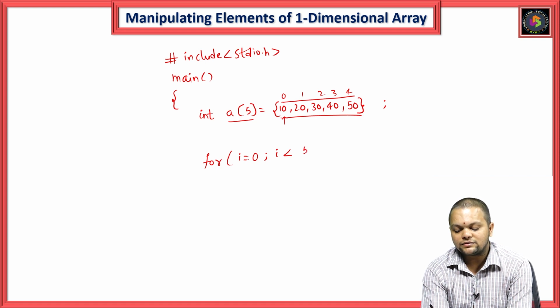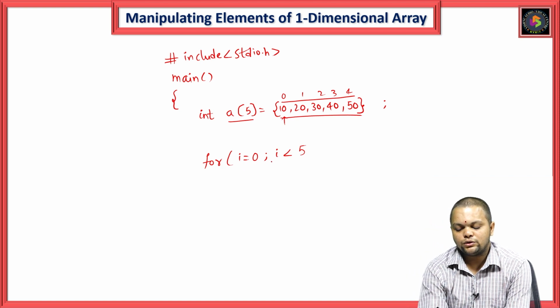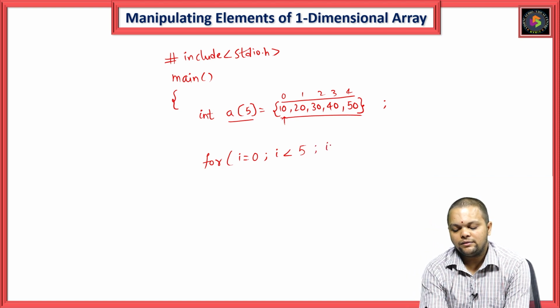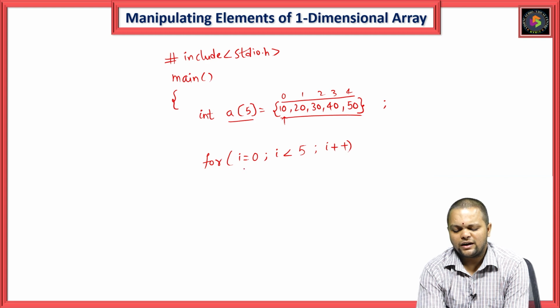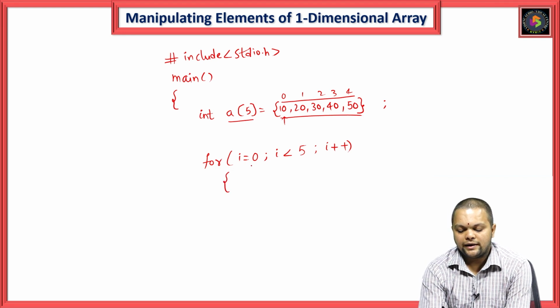Either I can write i is less than 5, or i is less than or equal to 4, or i is less than 4 plus 1. To make sure we are doing it correctly, you can write directly: i equal to 0, i is less than 5, i plus plus. i is just a variable. You can have your own variable; I have written i for index. So i is starting with 0.